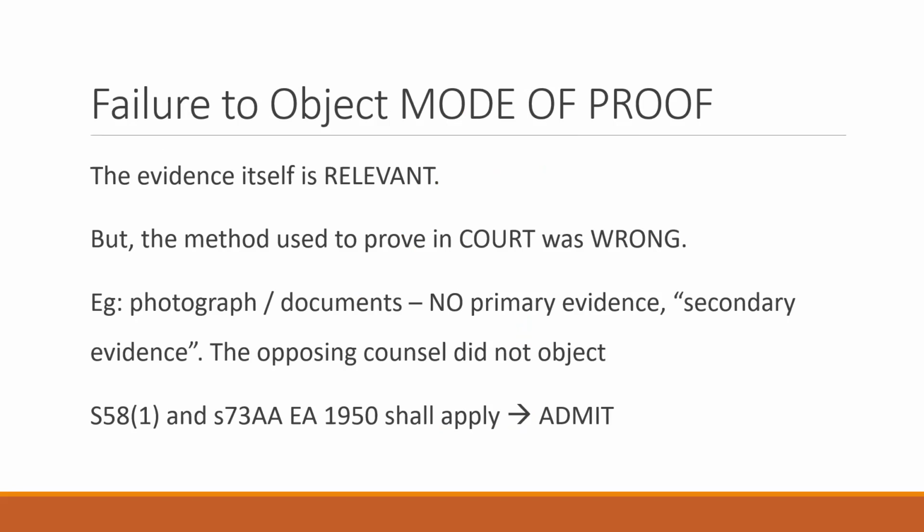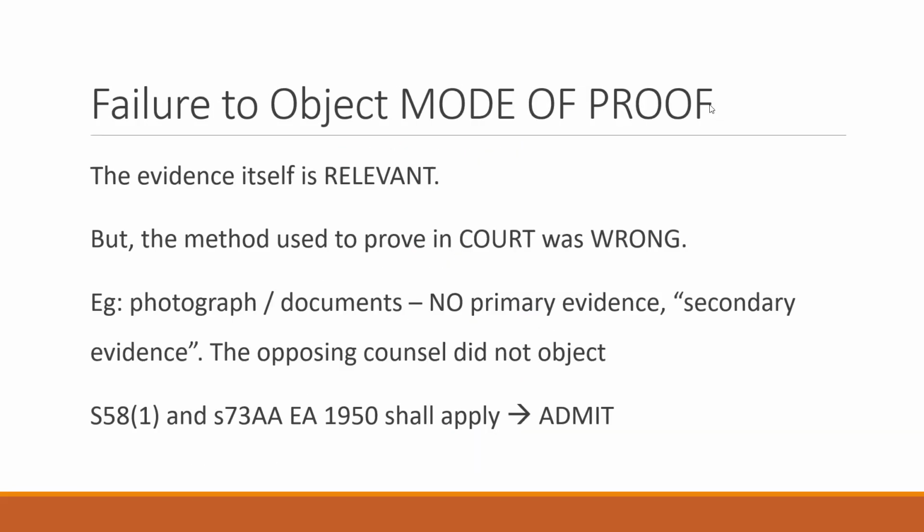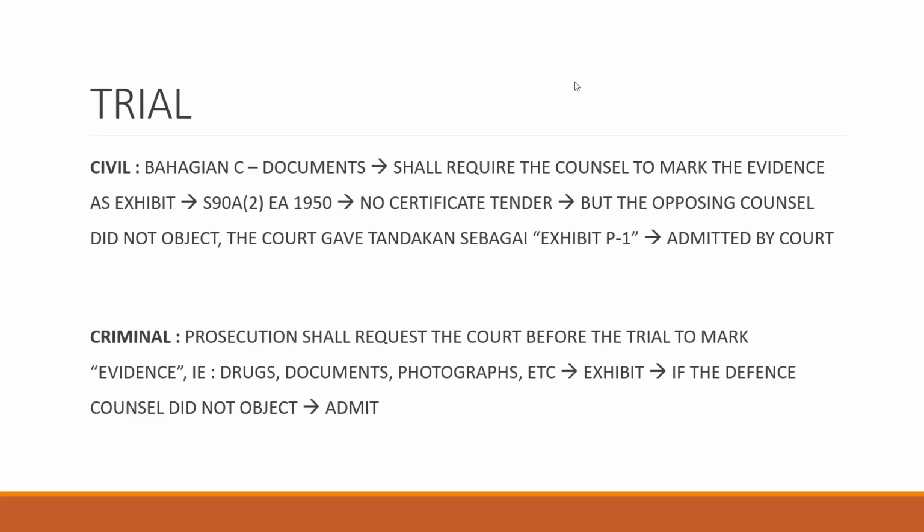So this evidence can go through, provided it is a relevant one. So the first step must be relevant. Then the court is not so particular about the mode of proof unless the other party objects. Okay, this is how I want you to understand in depth.